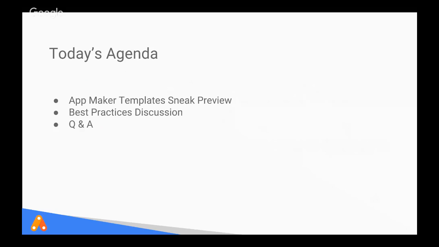He's going to be showing us his application called Training Hub. And then we also have Pavel, who's going to join us, and he's going to be showing his project tracker. That's another template application that he's working on. And depending on how deep we go into the applications, we'll also spend some time talking about some best practices.